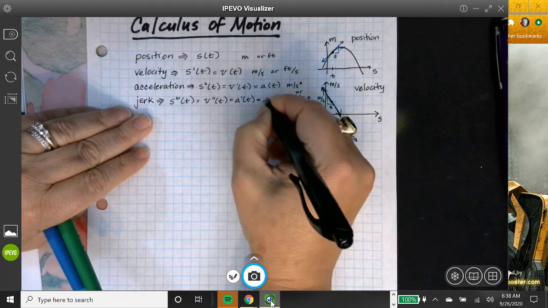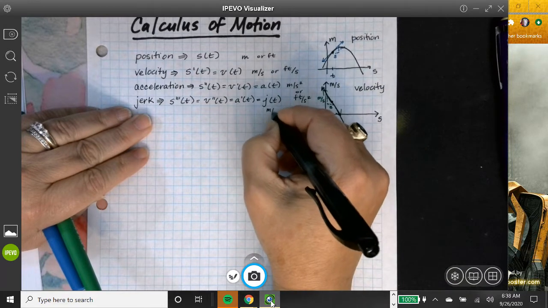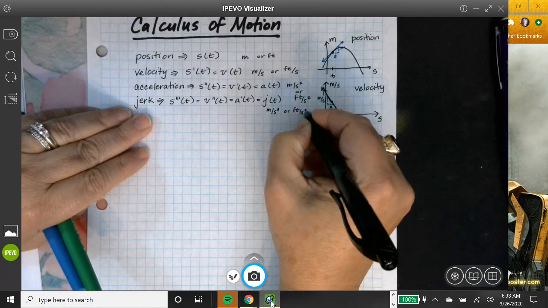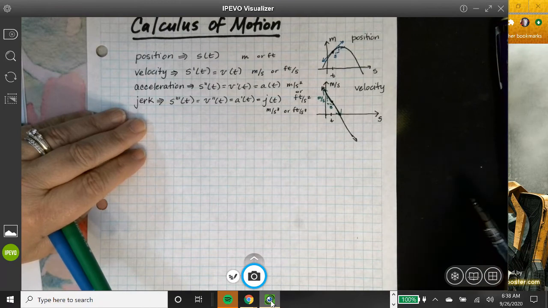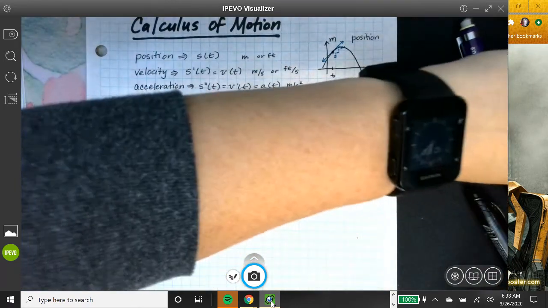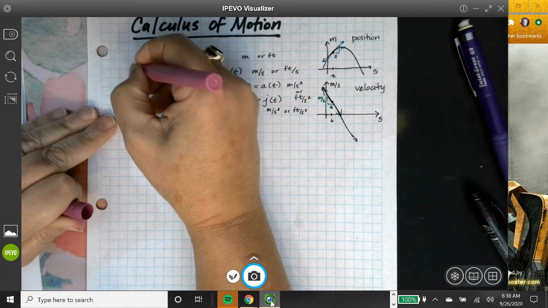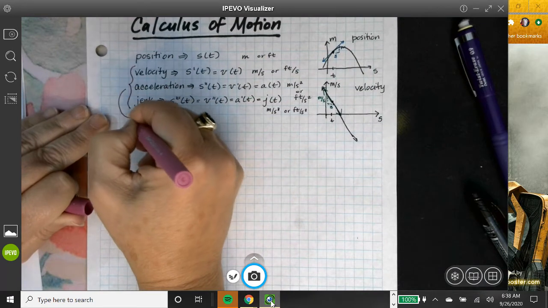And we'll denote that with a J for jerk. And the units on jerk are going to be meters per second cubed or feet per second cubed if you follow the pattern. Okay, now these three functions here are instantaneous rates of change.